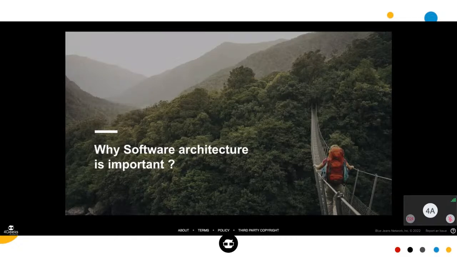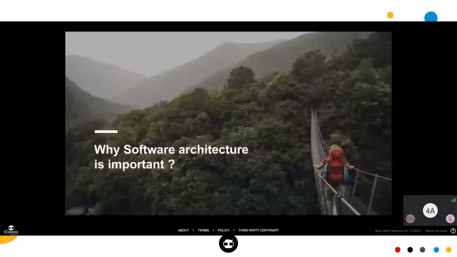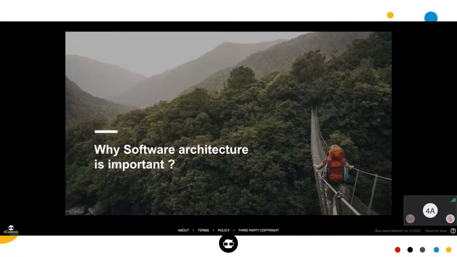So now, let's think about why software architecture is important. Okay. Well, before that, does anybody want to give your opinion on why software architecture is important? I'll give you 30 seconds. Think about it. Why do you think software architecture is important, or maybe you think no, it's not important. It's okay, we can discuss it. But let me know if somebody wants to. I don't see the chat.